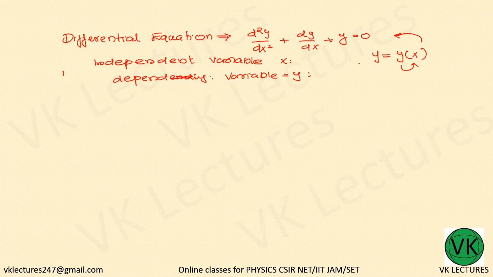Similarly, once we have y, we can also write x in terms of y, because if y depends on x, x should depend on y if you invert it. So in that case, if I write x equal to x of y, here x is the dependent variable and y is the independent variable.